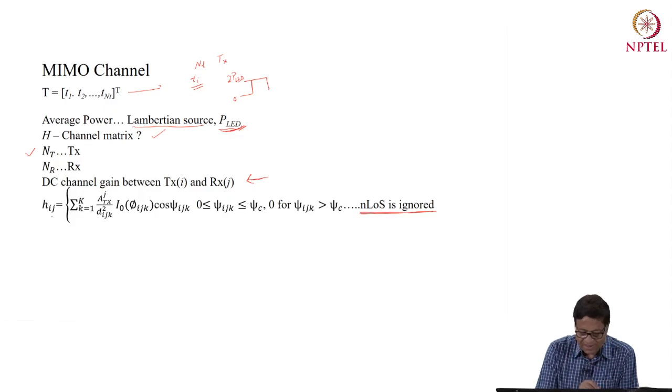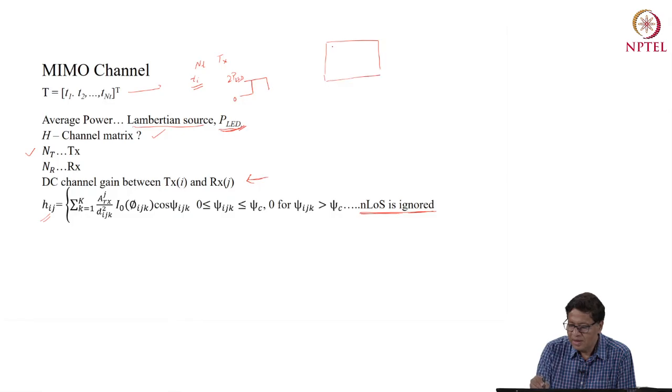So from our previous understanding, Hij between ith transmitter and jth receiver is given by this. Now let us understand what is this capital K. So in the system, what I have assumed is that there are, for example, 4 transmitters. Now, each transmitter has LEDs.